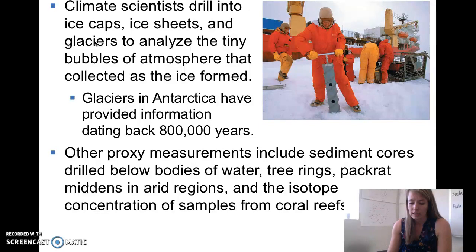Coral reefs can give us information because living coral take in trace elements and isotope ratios from ocean water as they grow. Then we can go back and look from hundreds of years ago to see what the isotope ratios were from then. The amount of data gets smaller and smaller as we go further back, which might make sense, because it can be destroyed as the Earth changes.